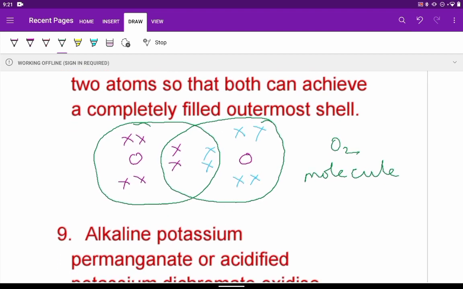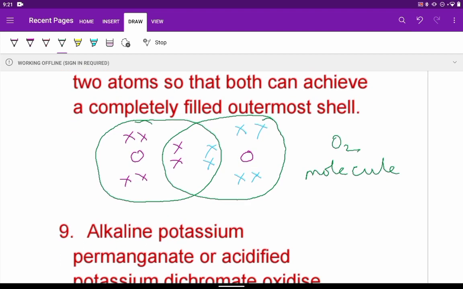Now see, in this oxygen molecule, I have shown the electrons of this oxygen with violet color and this side with blue color. 1, 2, 3, 4, 5, 6, these are the electrons in the outermost shell of each oxygen. Here you see, in this area, 2 electrons of each atom are being shared.